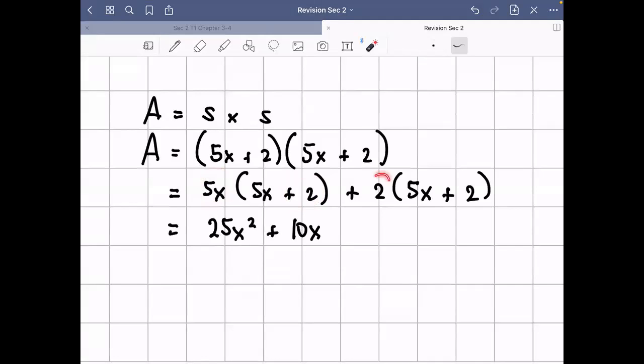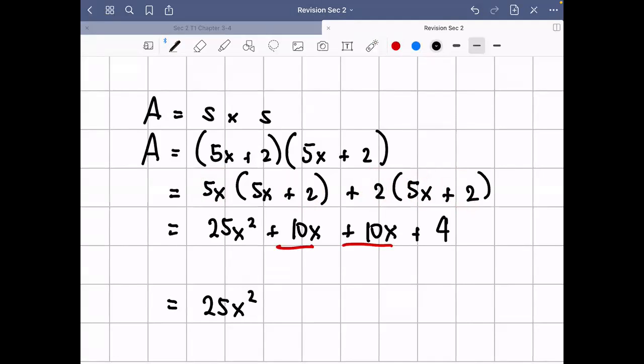And then 2 times 5x is again 10x. And then 2 times 2 is basically 4. Let's simplify. We can only simplify 10x and 10x because everything else has no pair. So our final answer is 25x squared plus 20x plus 4. So this is your answer for number 6.